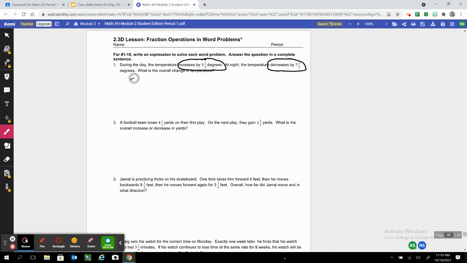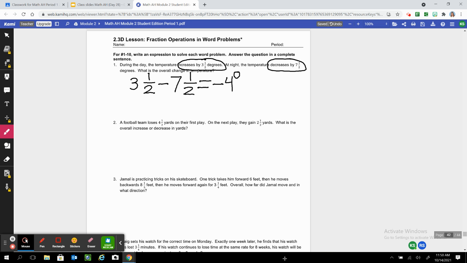So an increase is thought of as a positive number. So we're going to start with 3.5. And then a decrease is thought of as a negative number. So we're going to subtract 7.5. Since these have common denominators, we can just subtract 7 minus 3 is 4. But since it is a negative 7, our answer is going to be negative 4. So this is temperature.